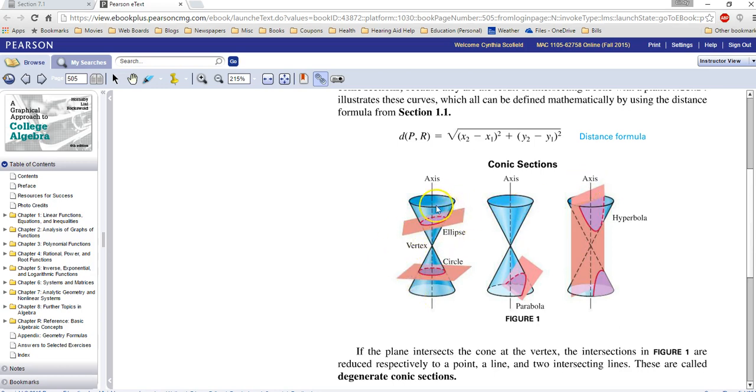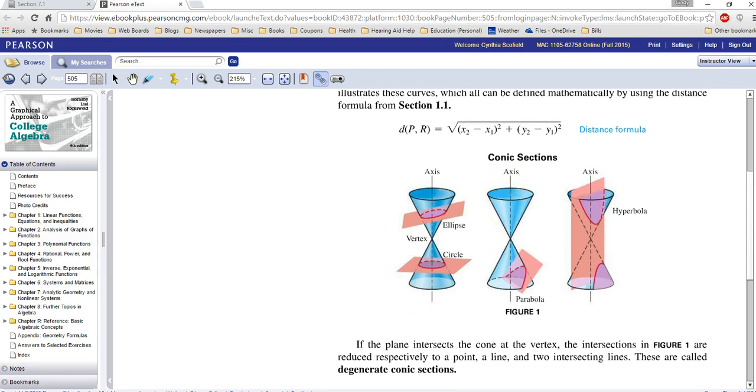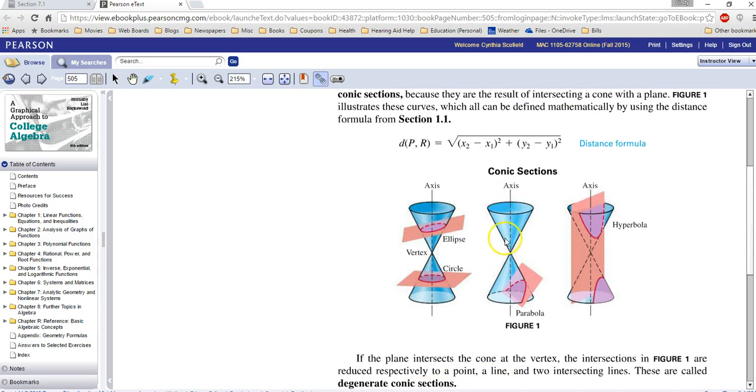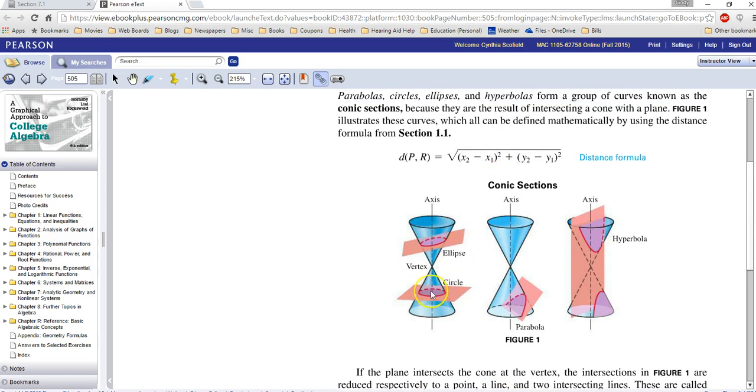Or if you did right down the center, instead of a hyperbola, you'd end up with two intersecting lines. So it all depends on how you're crossing those. Those are the degenerate conic sections they talk about down here, but we're interested today in talking about a circle. So that's where we're heading.